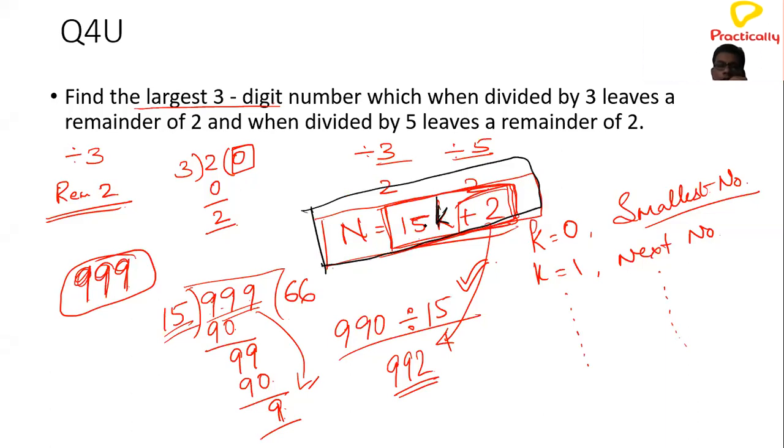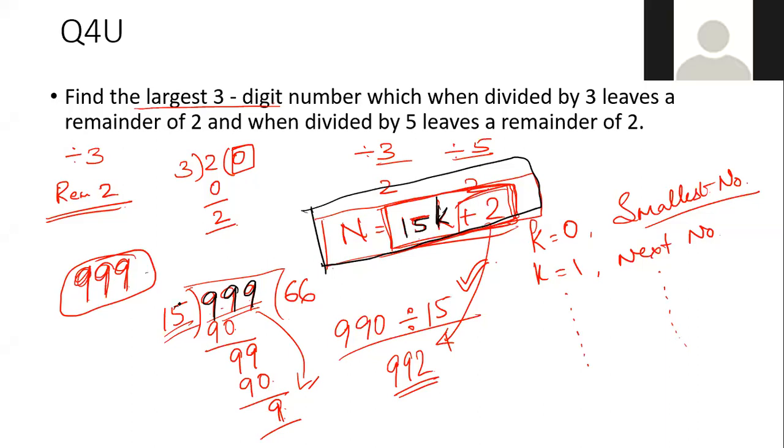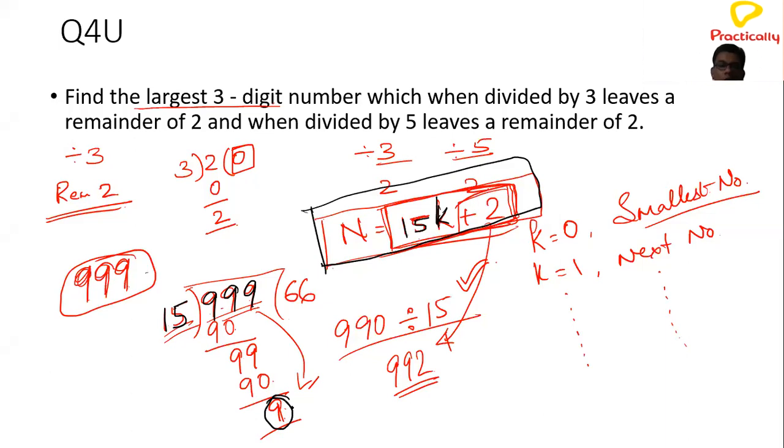So first I have to find the number closest to 999 which is divisible by 15. That's what I have to search first. So I will first take 999 and divide by 15. When I divide by 15, I get a remainder of 9. What does it mean?